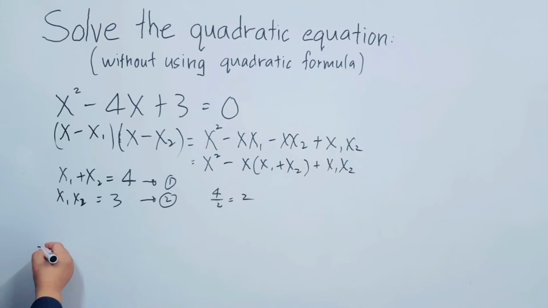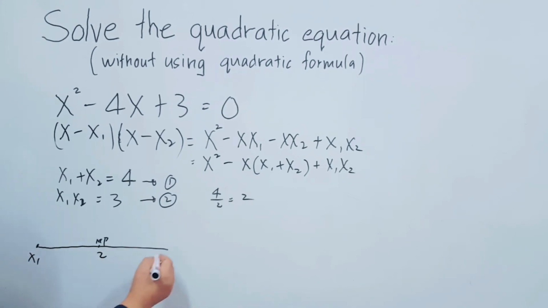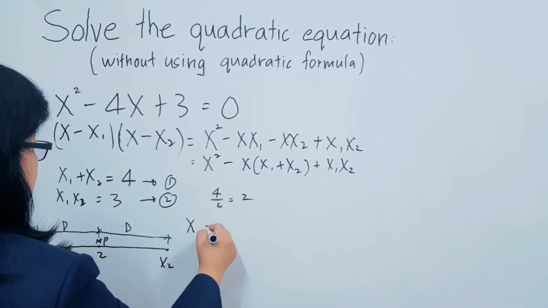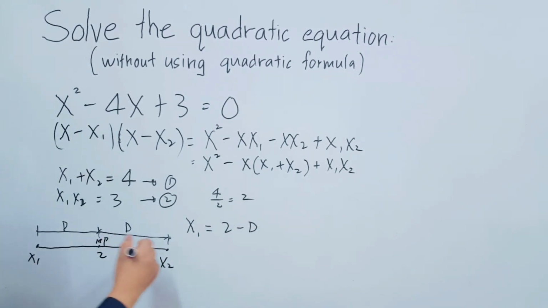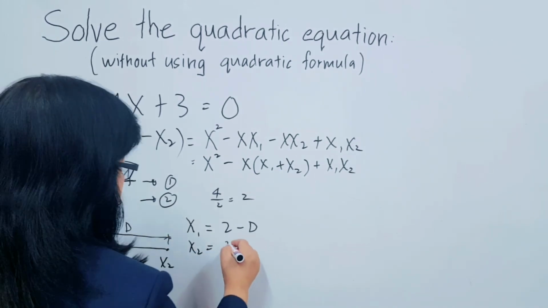So if we put it in a diagram, this is the midpoint, which is equal to 2, and this is the x1 and this is the x2. From the midpoint to each, they have the same distance. So we will call it D and D because they are equal. Therefore, x1 is equal to 2 minus D, and x2 is equal to 2 plus D.